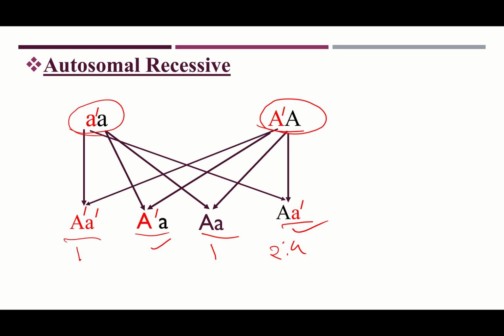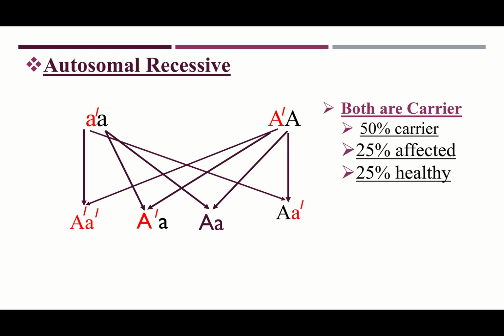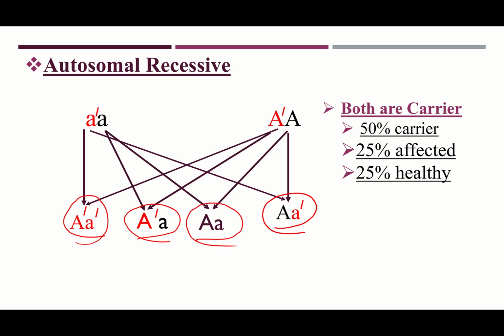So if we write it down in percentage, if both are carriers in an autosomal recessive condition, there is a 50% chance of being a carrier, like these two, 25% being affected, and 25% being healthy. What was the question about? What are the chances of Zoe being a carrier in an autosomal recessive condition, cystic fibrosis?